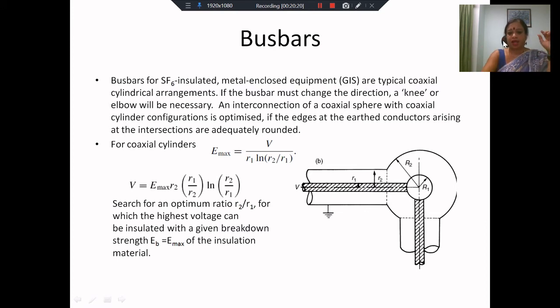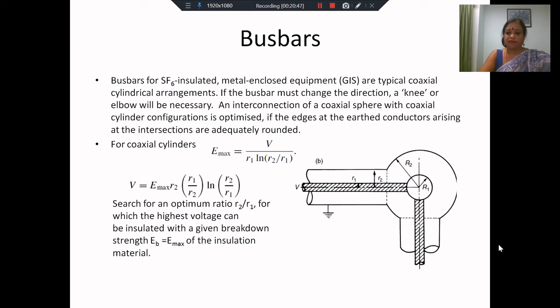As you can see in this picture, you have an inner cylinder and then an outer cylinder, and the space between the two is filled up with gas. It could be SF6, or other combinations of SF6 and other gases. Now, when this bus bar needs to change direction, you cannot just turn the cylindrical thing around, because in that case the cylinders would have sharp edges, and therefore you need an interconnection.